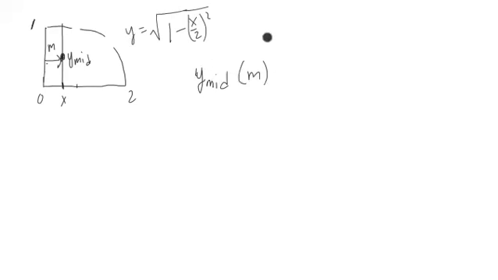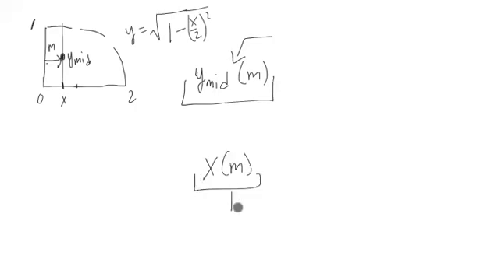We can write down what y mid is in terms of x. If we change variable from m to x, we can rewrite this as a function of x itself. Notice when we were finding the average value of x, we had x of m, and if we change the variable to x, this just becomes x.